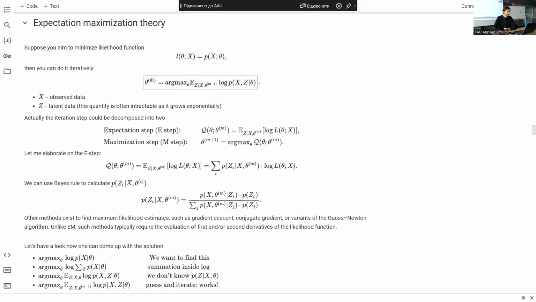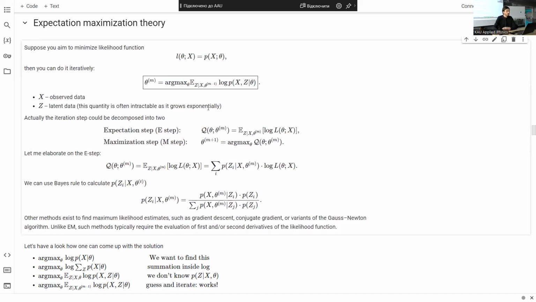At each iteration step m, you can search for the parameters theta at this step that maximize the expected value of the logarithm of this probability with respect to that z.